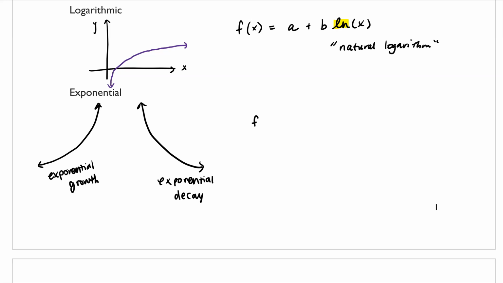And recall that in general, an exponential function looks like a times b to the xth power. And we have exponential growth when the b value is greater than 1, and we have exponential decay when the b value is a number between 0 and 1. So those are the 4 types of functions that we will see when we are using modeling throughout this unit.